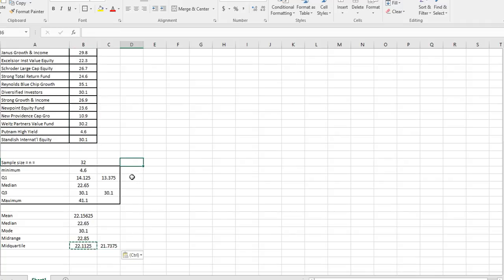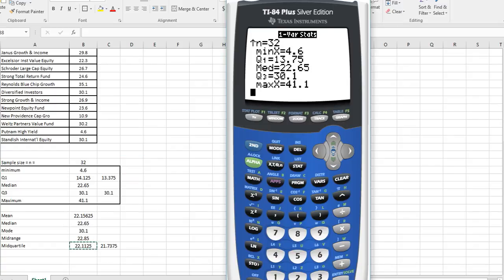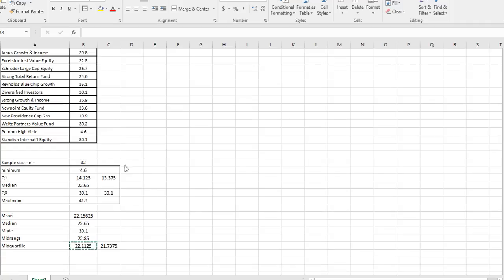And the TI-84 method, all of them were the same except for these. Let me type those data values in. They were 13.75, and it was still 30.1 on the calculator. And so in that case, the mid-range would be 21.925 there.